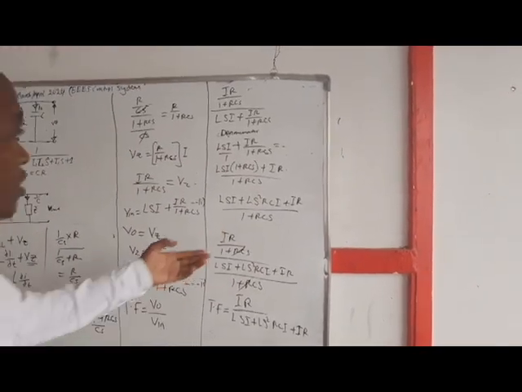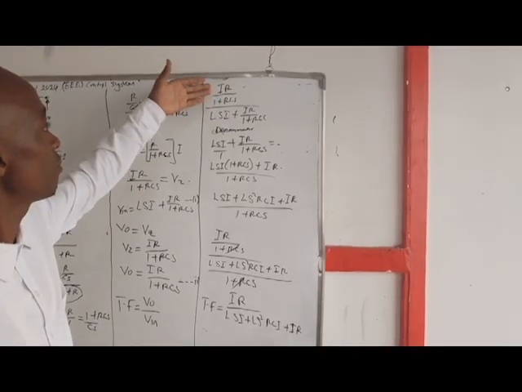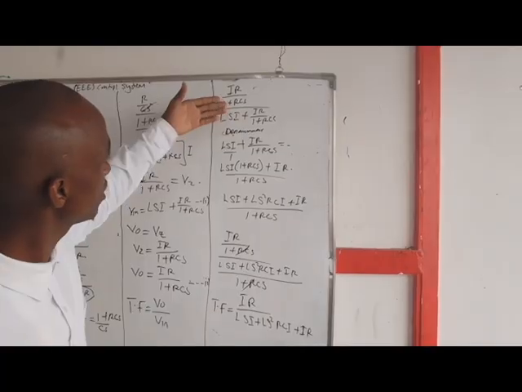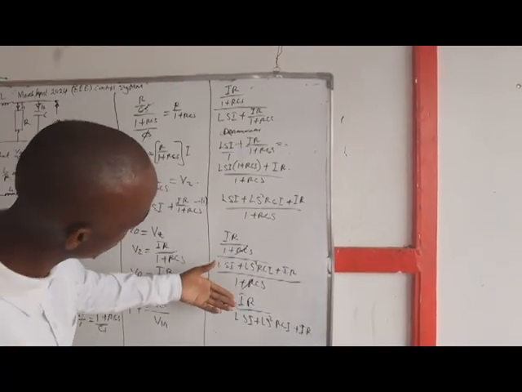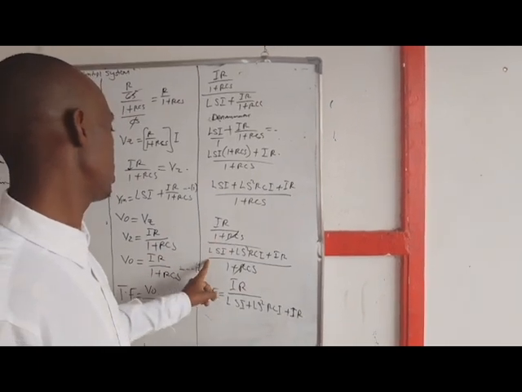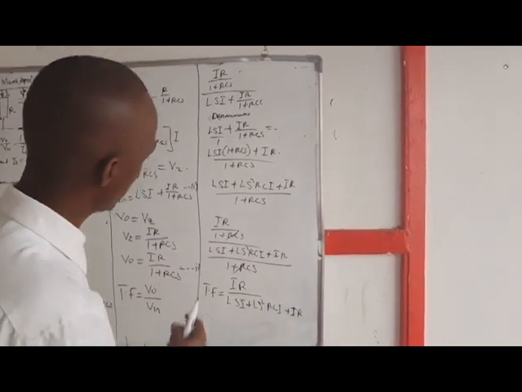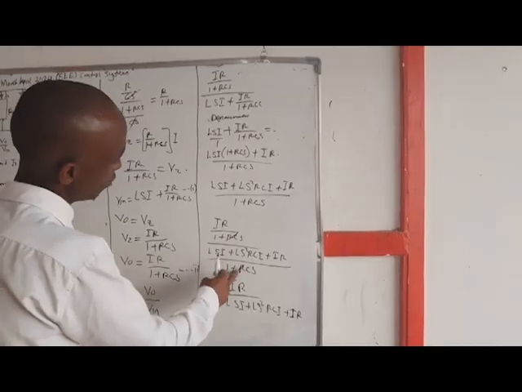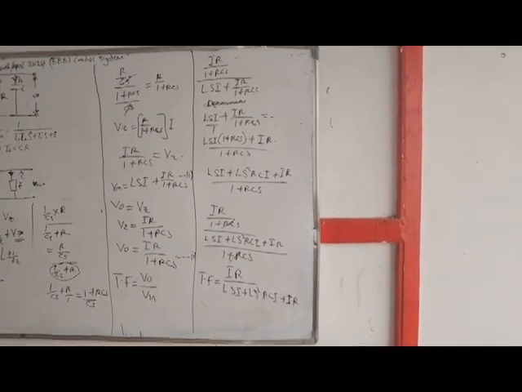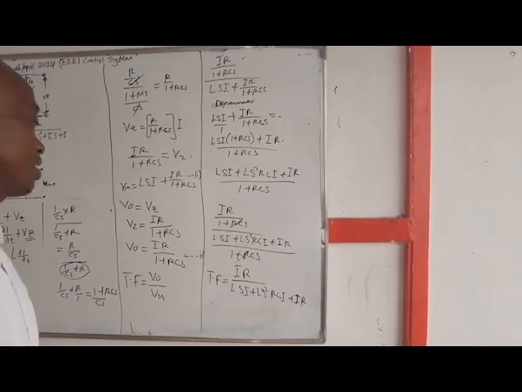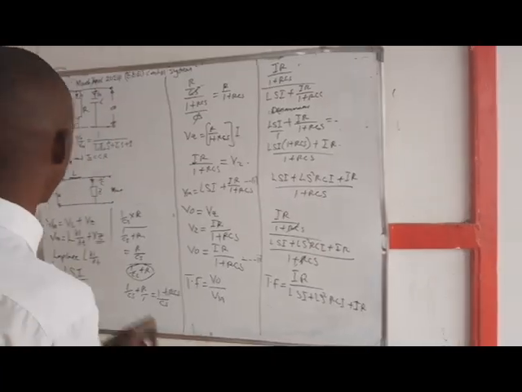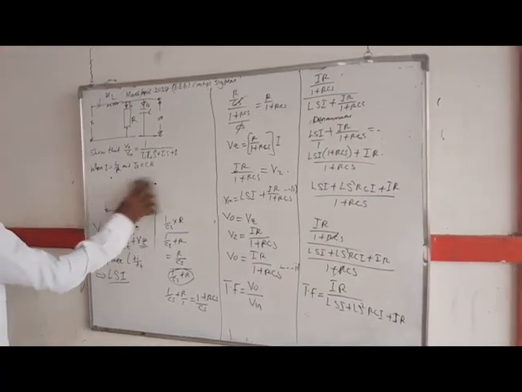Now, after placing the denominator in its place, we take the numerator divided by the denominator, and we get this problem here. Mathematically, this will cancel with this, and now our transfer function is IR divided by LSI plus LS squared RCI plus IR. Let me erase this side.